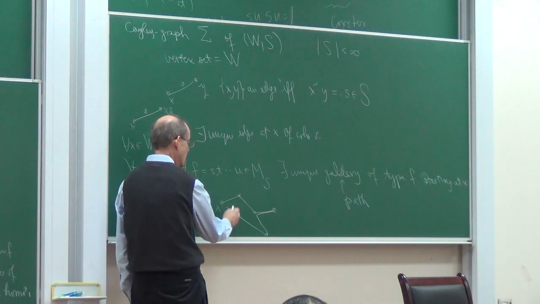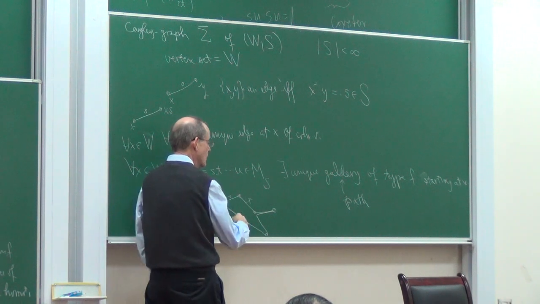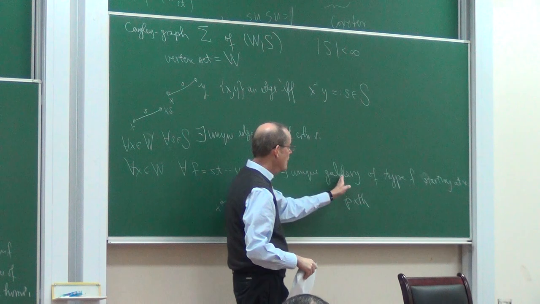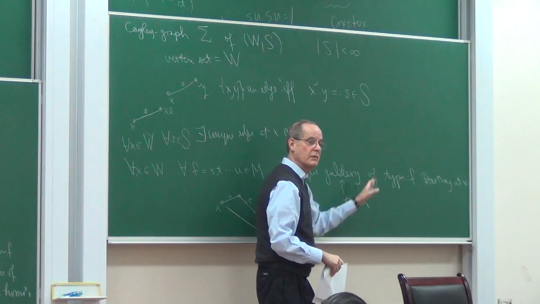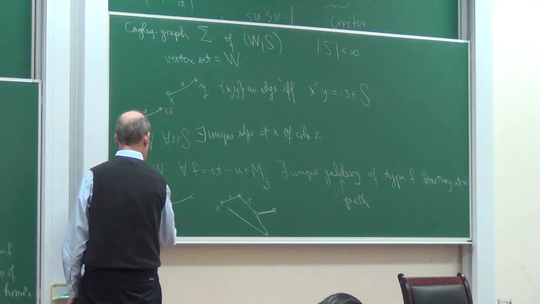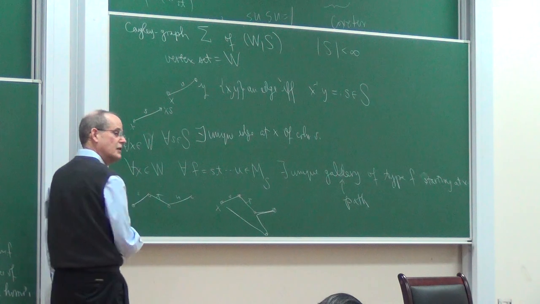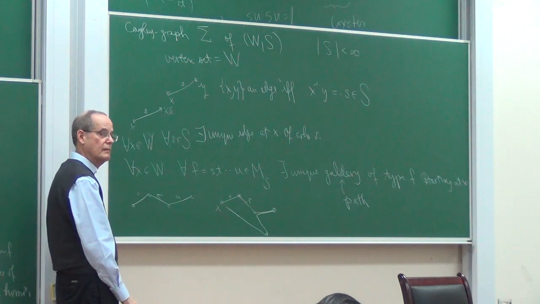Whenever you have a gallery, each edge has a color. So the corresponding word that you get from these colors, that's the type of the gallery. So if I have a gallery that looks like this, its type is the word STU in the free monoid.